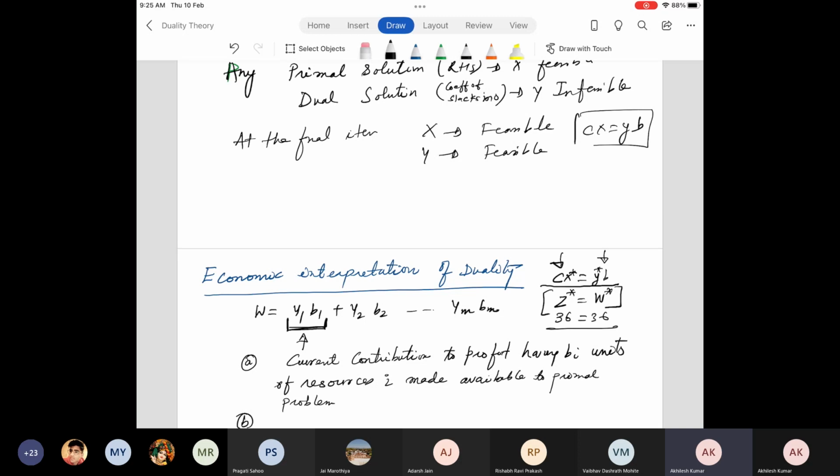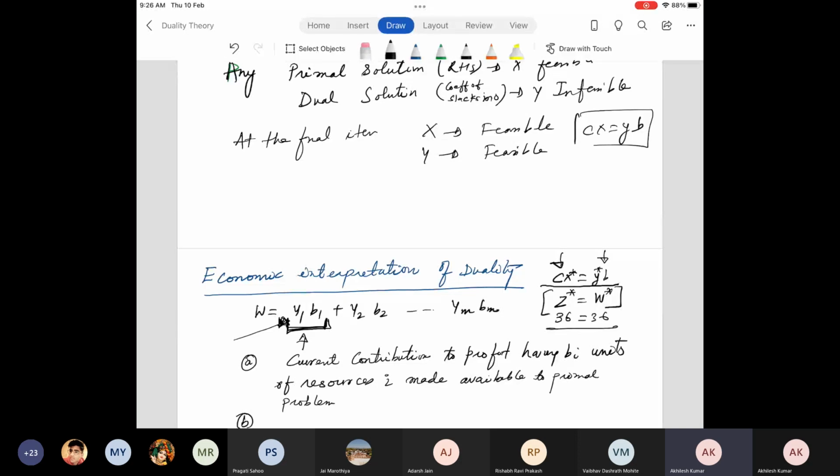Now what I'm saying is that each of these terms Y1 B1 is the current contribution to profit having BI units of resources. If this is the price associated with it, I will also name it. It is a very important variable in economics. It's called shadow price. This is the contribution they are making towards the profit. If I have B1 resources, suppose B1 equals 4, then 4 into Y1 is the contribution towards the profit.